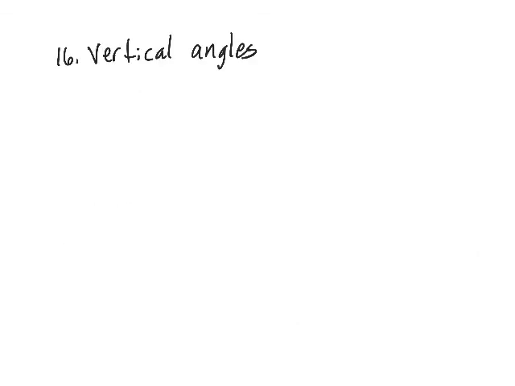Finally, we have vertical angles, and vertical angles are created when two lines intersect. It's the angles opposite of each other.